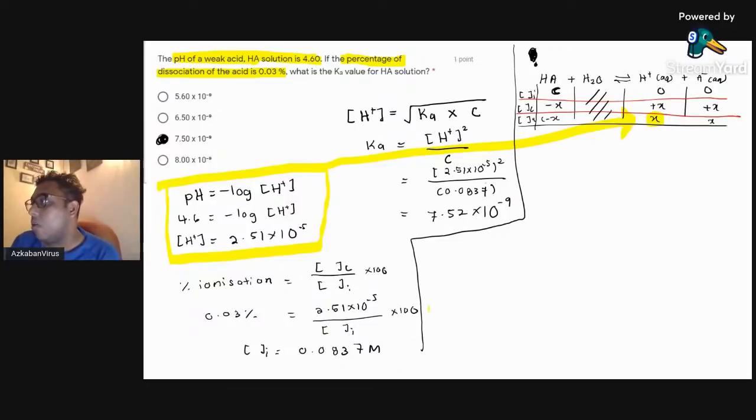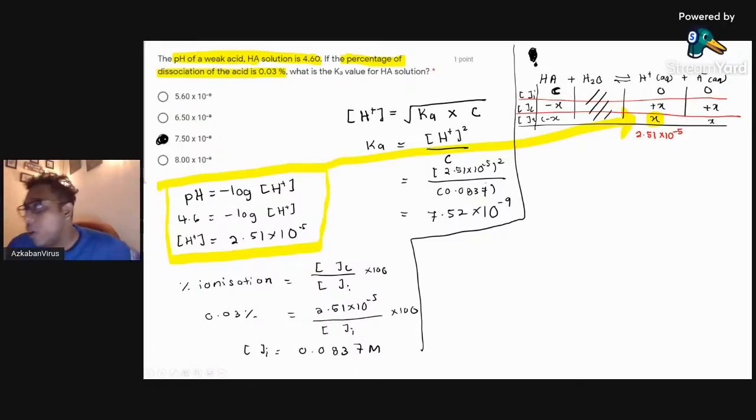Okay. Now, automatically sekarang ni kita dah ada nilai X. Which is, X kita adalah 2.51 darab 10 kuasa negatif 5.